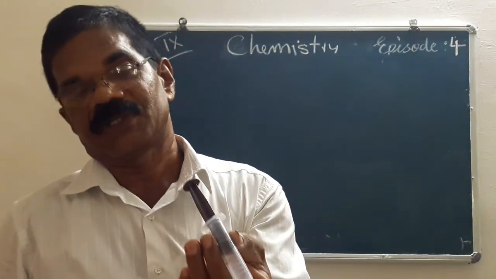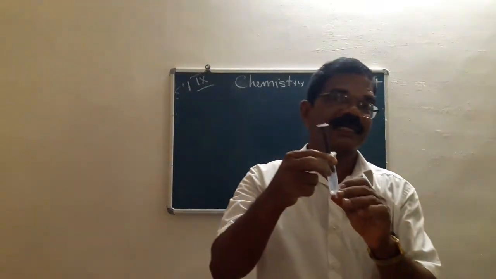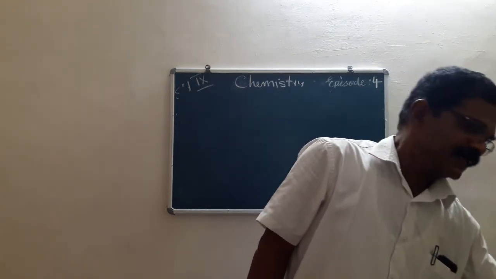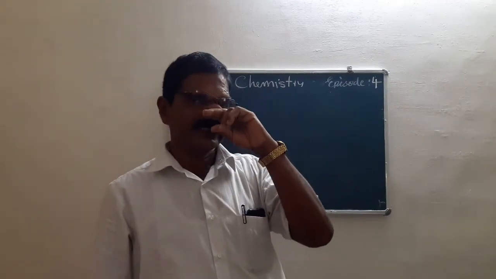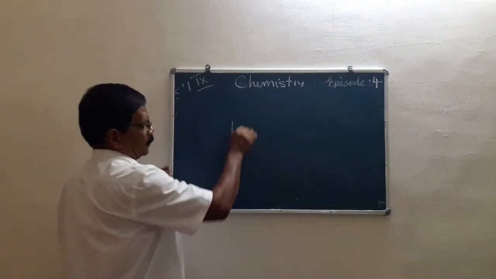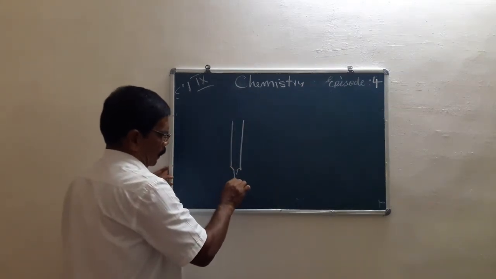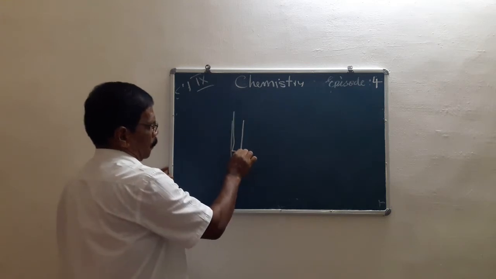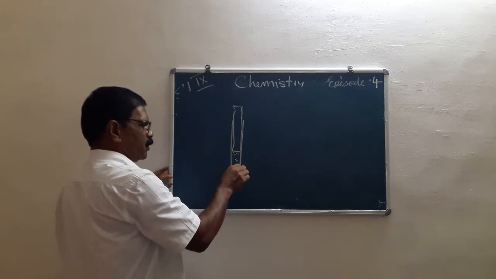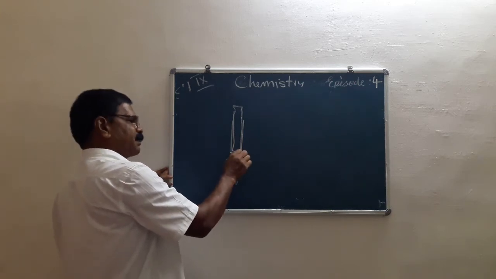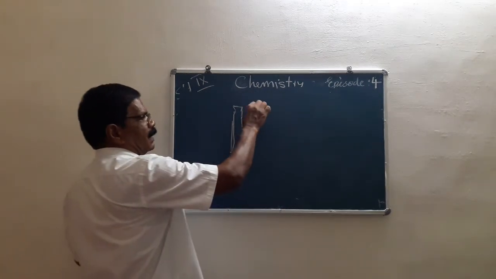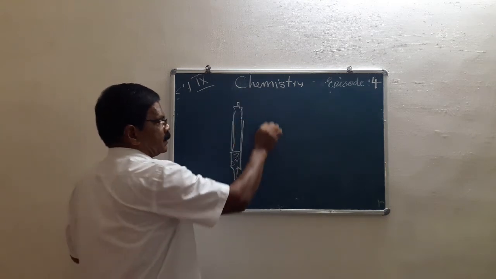What does this activity show? Air is in the gaseous state, and its volume can be compressed. It is easily compressible. Then what changes take place on compressing? The air molecules are free to move. They are moving freely in the piston. When we are pressing, what happens?